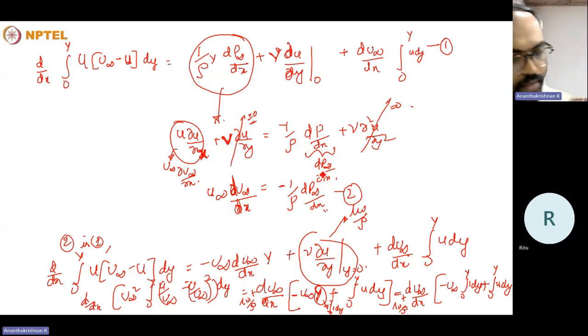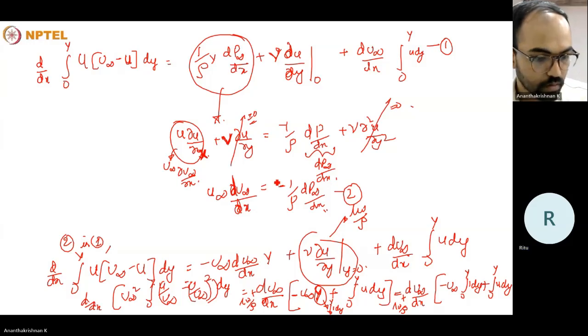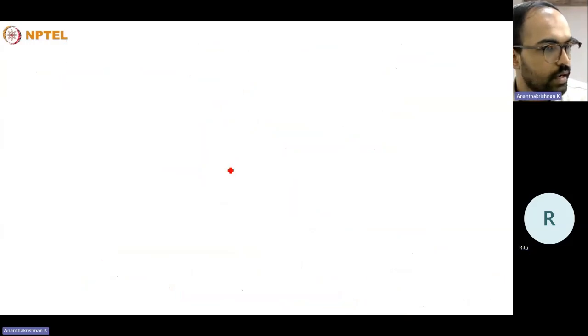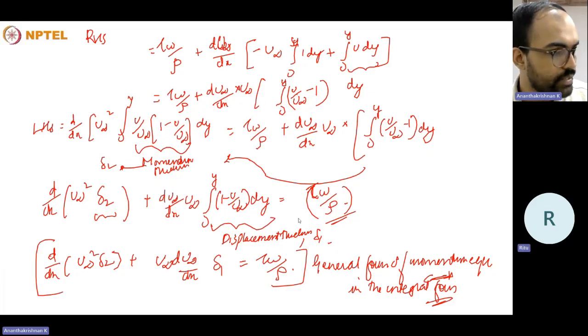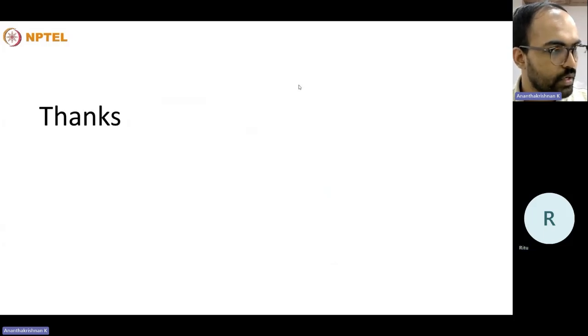I'll start deriving it from the basics and arrive at this equation, and from there onwards it's the same methodology that I have just discussed. So I'll discuss how to arrive at that particular equation, equation number 1.